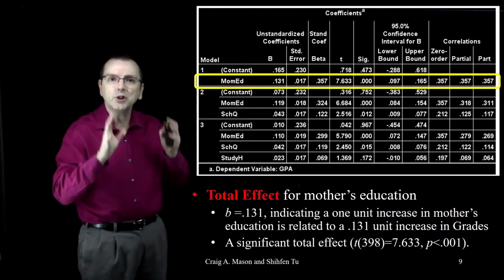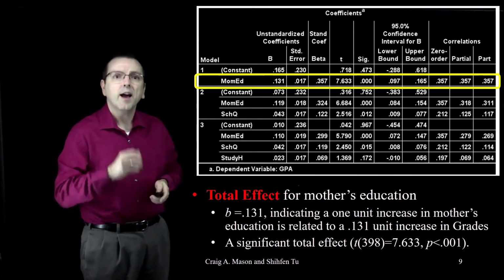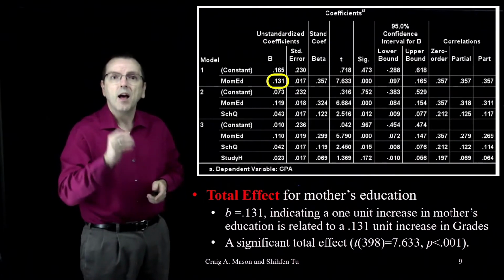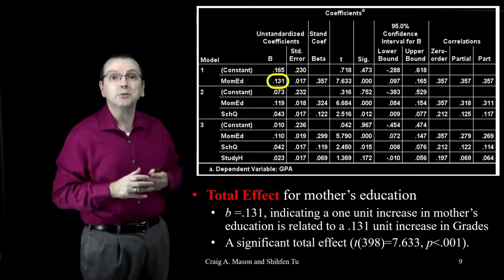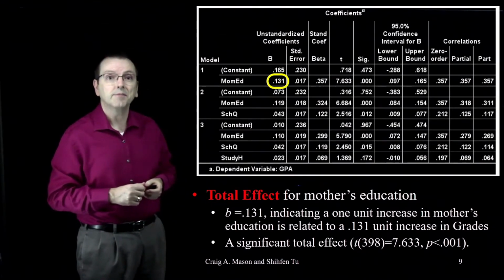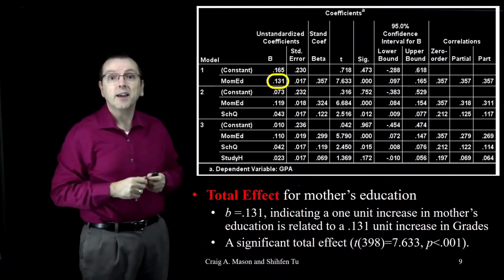Now, I think it's good to start off with the unstandardized regression coefficient, B, along with the t-test and p-values so that you can note whether or not the effect is statistically significant. Here we see that that is the case.